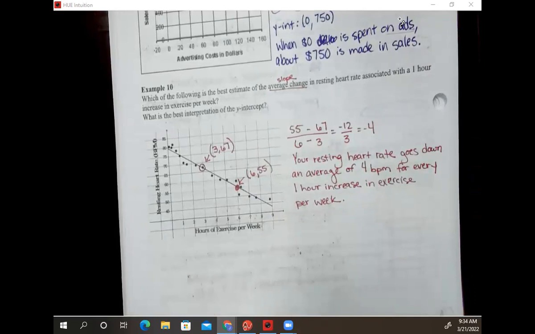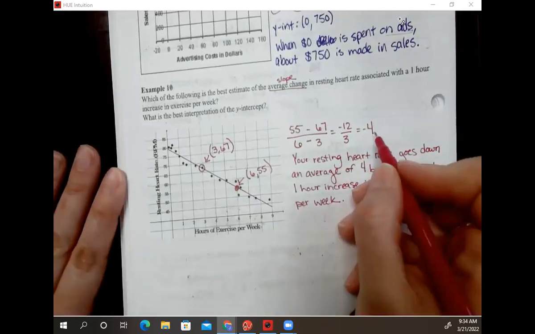The tricky part here is not finding the slope. I know you guys can find slope. We found slope for like a solid week and a half in Algebra 1 last year. I know you can find slope. The tricky part here is interpreting what this means, okay? So I found the slope between 2 points here. What I'm looking at is a reduction in my resting heart rate in beats per minute for every hour that I move over.